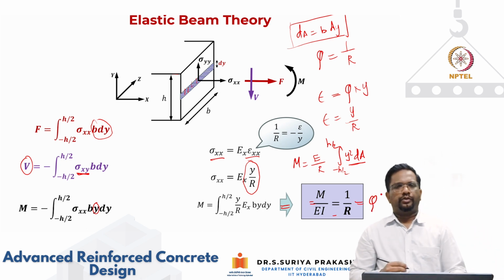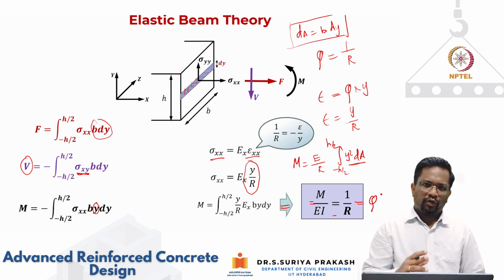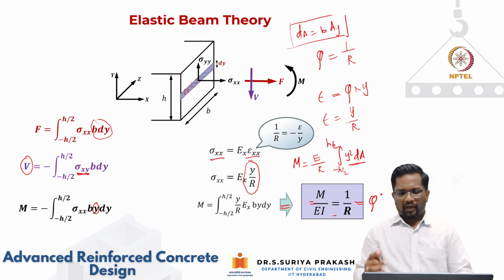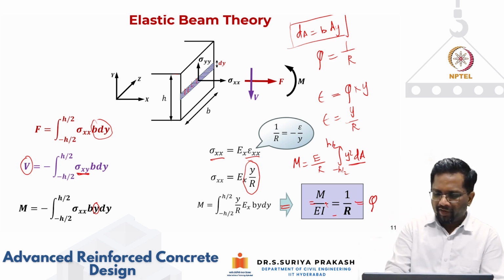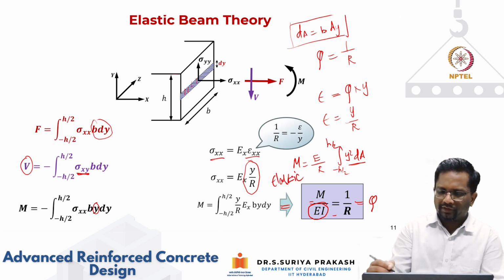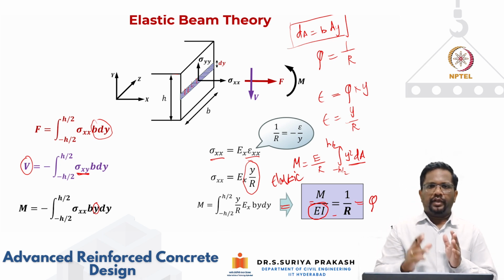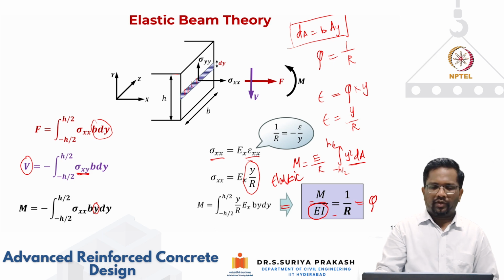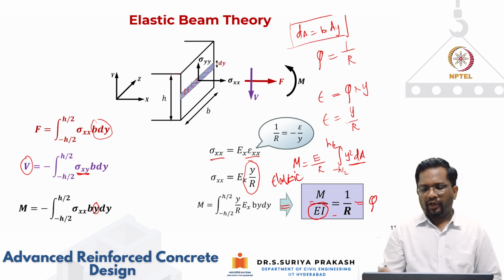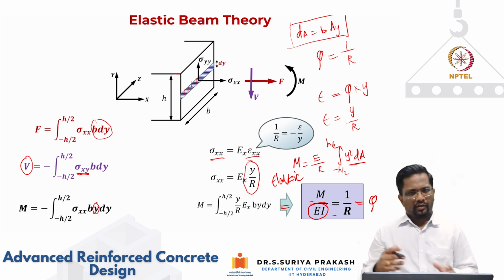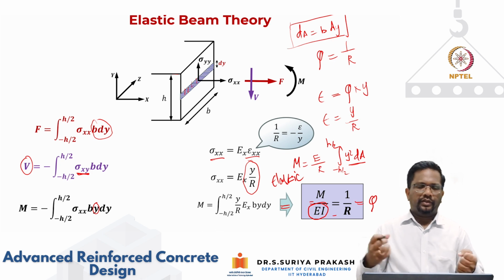So this is the relationship between moment and curvature. Now you can see that this EI will remain constant for an elastic material. When the system is not cracked, it is going to remain elastic, or constant. E and I are not going to change for an elastic material. But in reinforced concrete, concrete is going to crack and steel is also there.